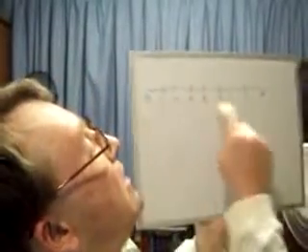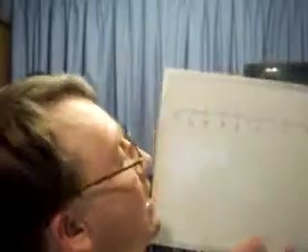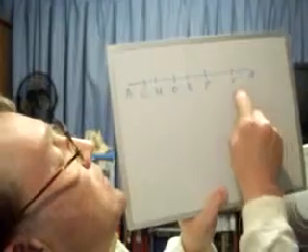Since then the whole AC is double the whole CD, now we're going to say that AC is double the length of CD.